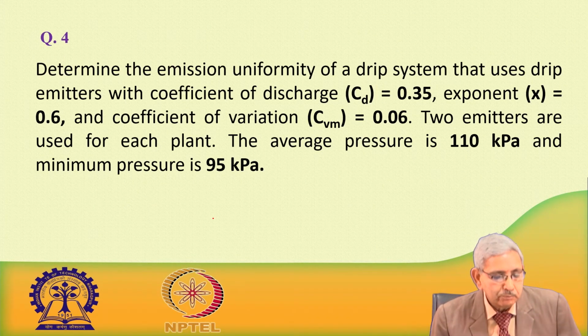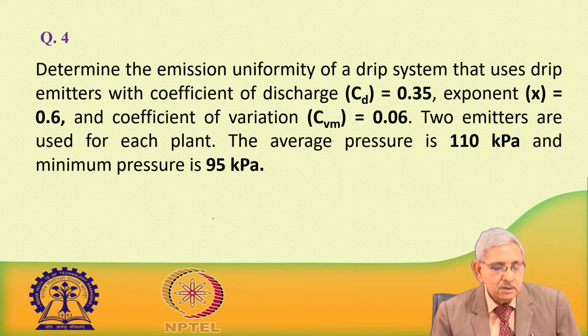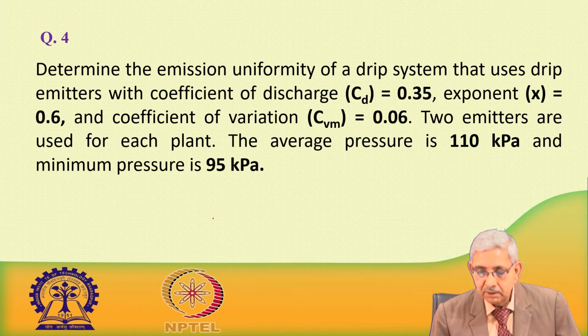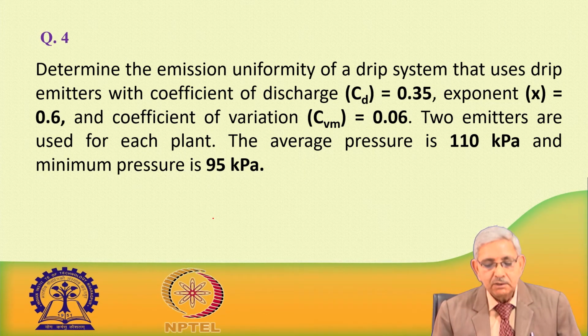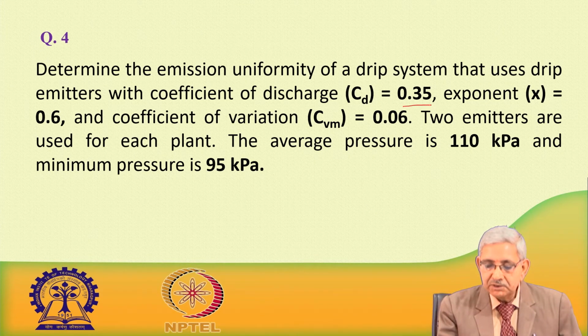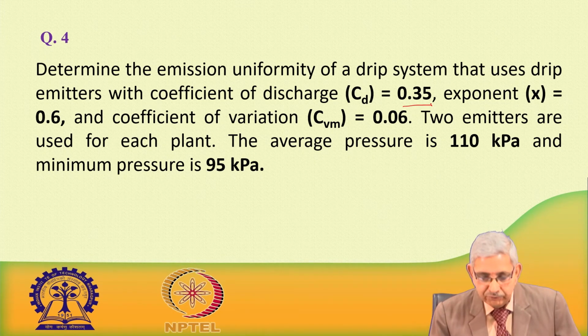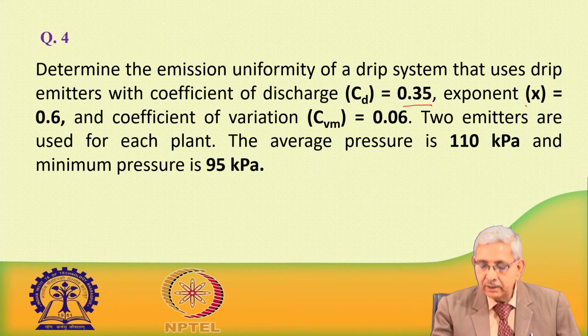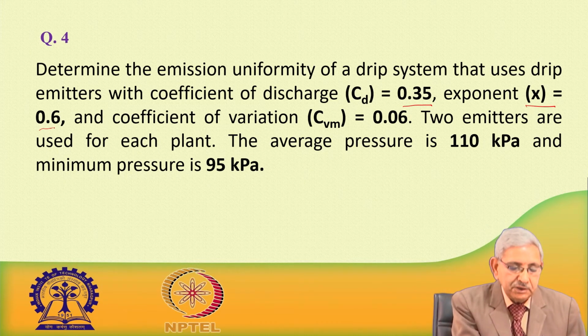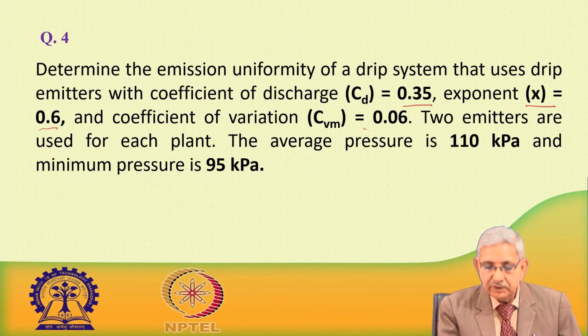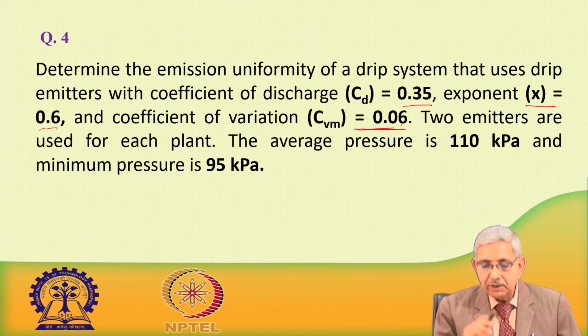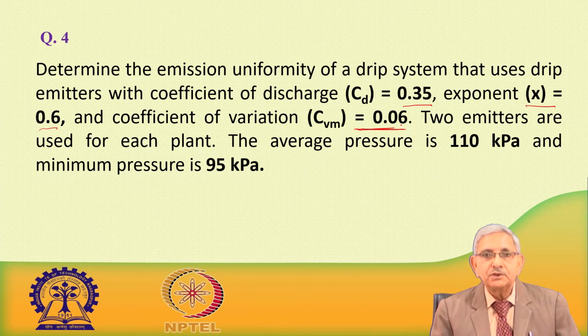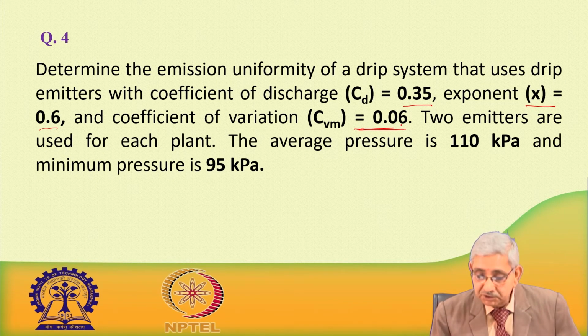Problem 4: determine the emission uniformity of a drip system that uses drip emitters with a coefficient of discharge. Here the coefficient of discharge is given as 0.35, the exponent x is given as 0.6, and the coefficient of variation, which I explained in the previous problem, is 0.06.